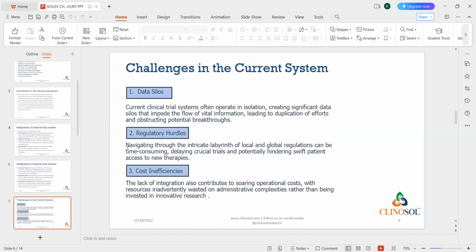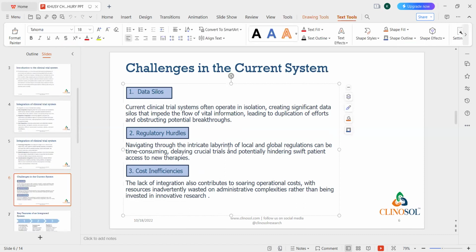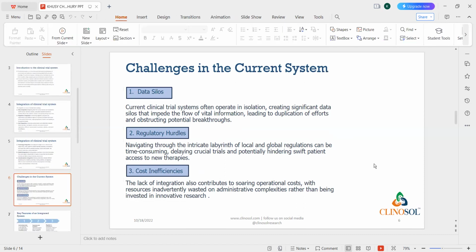Regulatory hurdles in the context of clinical trial refer to the challenges and complexity associated with navigating the regulatory requirement and process imposed by government agency and regulatory bodies involved in overseeing clinical research. Navigating through the intricate labyrinth of local and global regulation can be time consuming, delaying crucial trials, and potentially hindering swift patient access to new therapies.